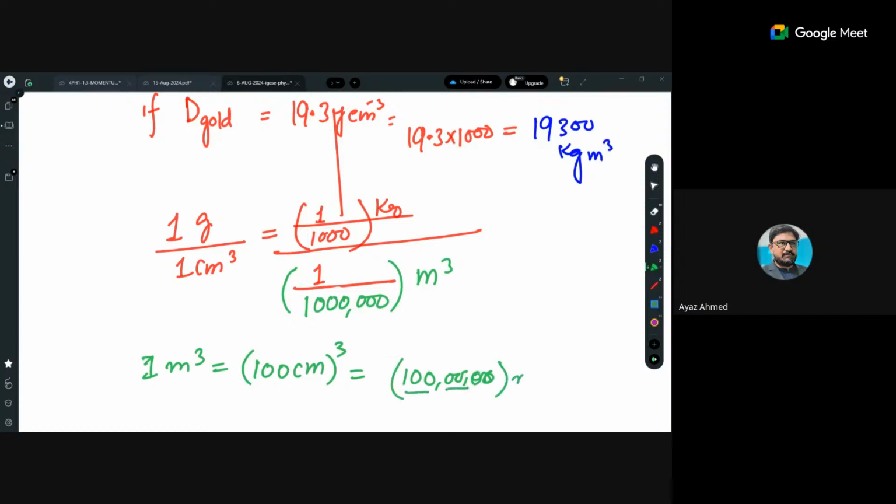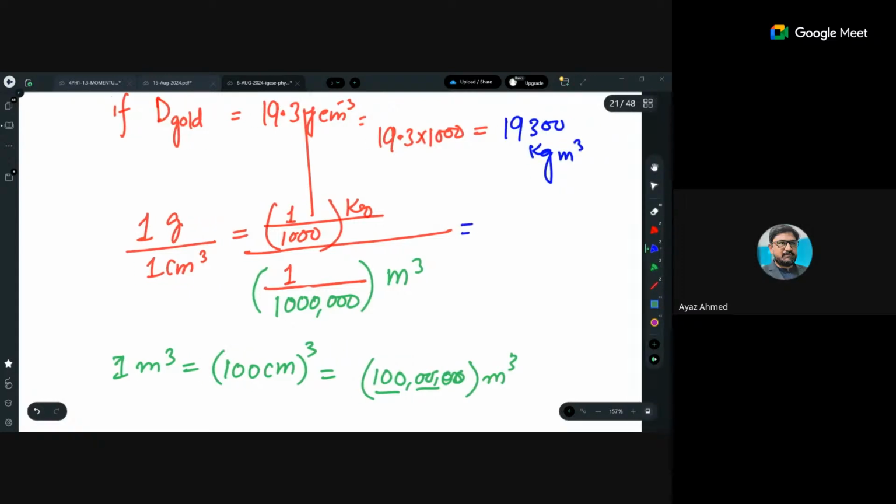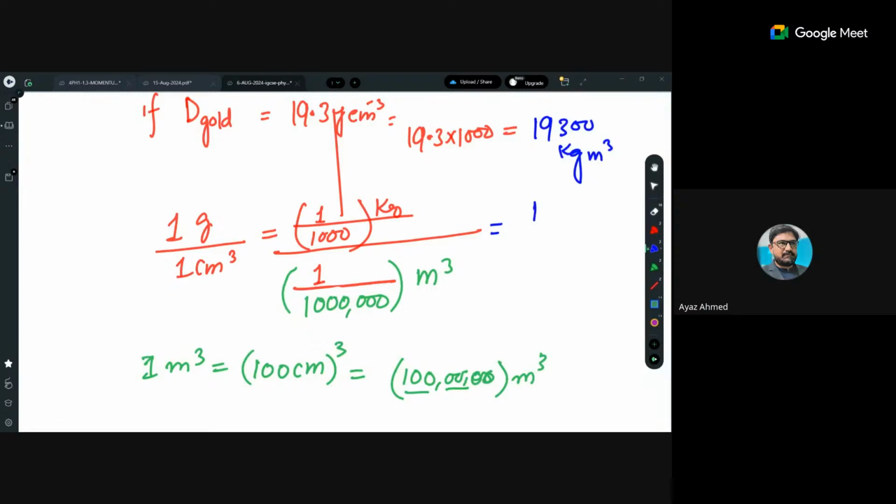That is now converted into cubic meters. Just rearrange all this and you will see it is 1 divided by 1000 times 1 million divided by 1. By cancelling, you simply get a multiplier of 1000.